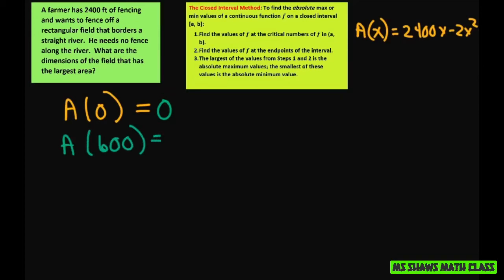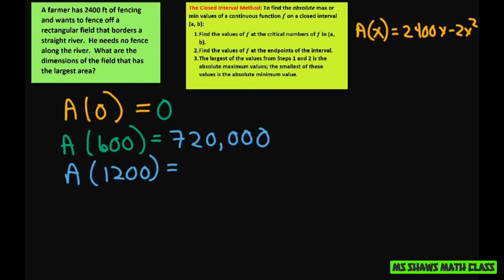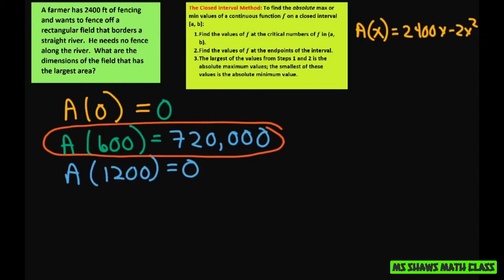When you plug in 600, you're going to get 720,000. And when we plug in our other endpoint 1,200, that is going to give us 0. So the biggest number is here. So that's going to be your maximum value.